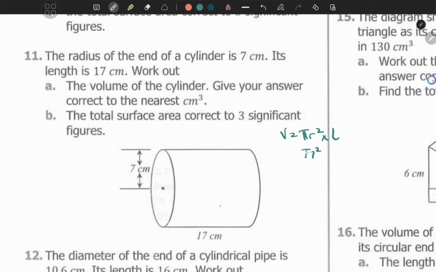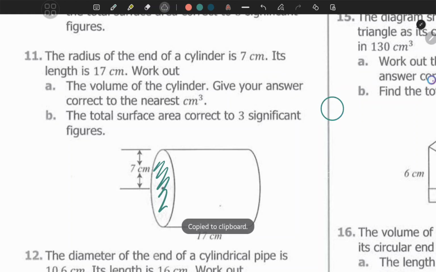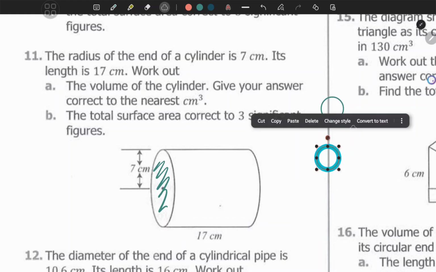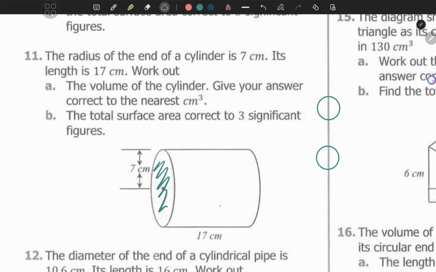which is 7, and multiply that by 17. So that's the volume. But when we're talking about surface area, we have this circle. If we open this up as a net diagram, we have two circles, right?